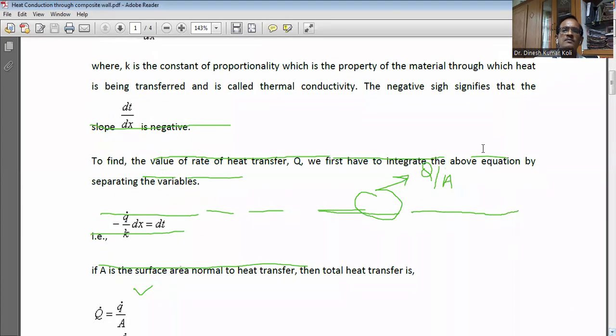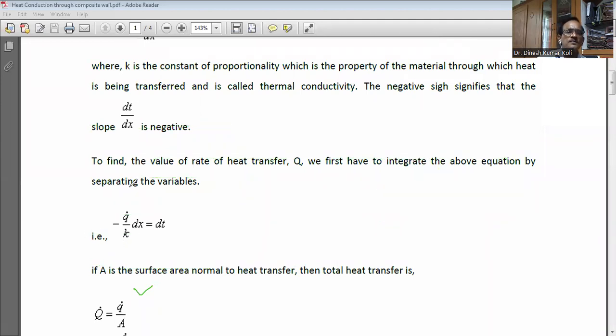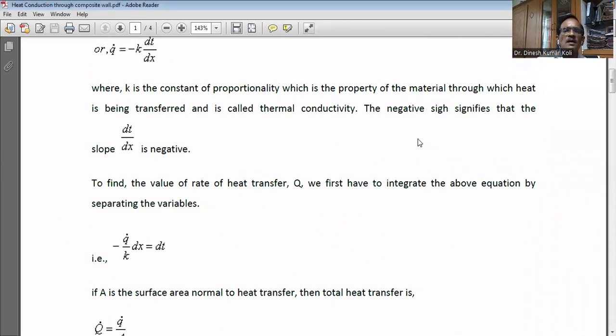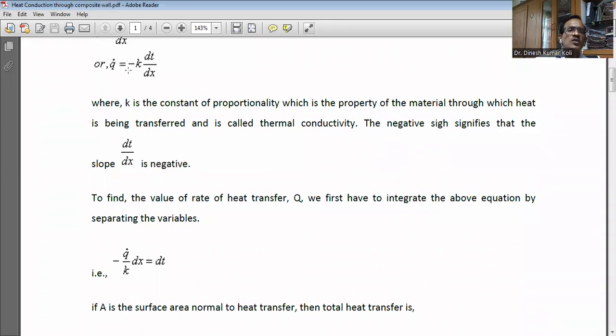In this equation, this q dot, which is the heat flux, is equal to minus k dT by dx.